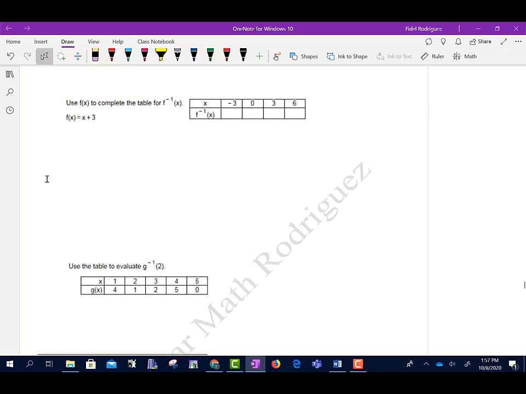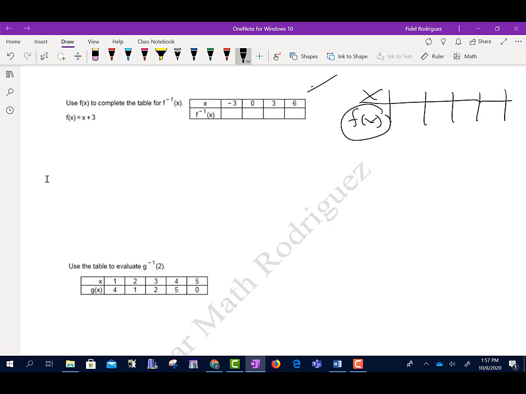All right. So now it says, use f of x to complete a table for f inverse of x. Okay, so we're going to see if we can fill out this table. So think about it this way. If I wanted to make a table for f of x, remember, the range values for f of x here are going to be the same as the x values for the inverse.